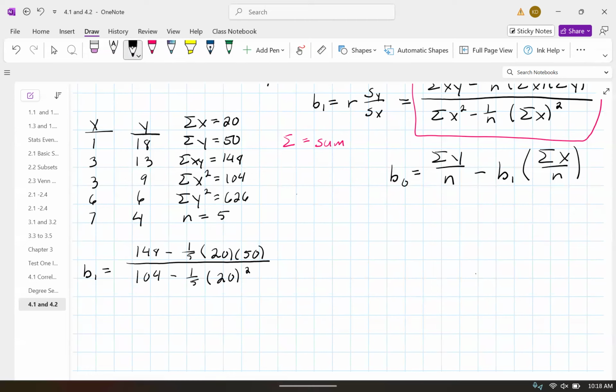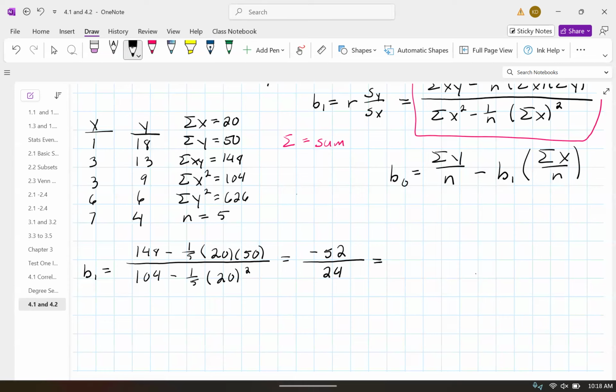Big deal. Alrighty, let me plug things into my calculator. 148 minus 20 times 50 over 5. I got negative 52 over 24.